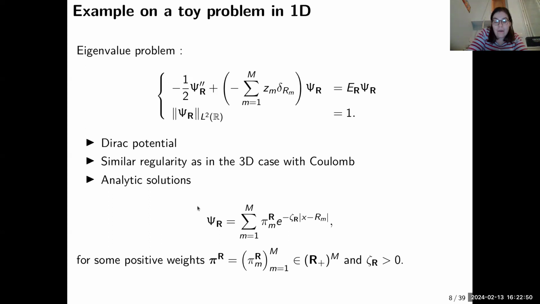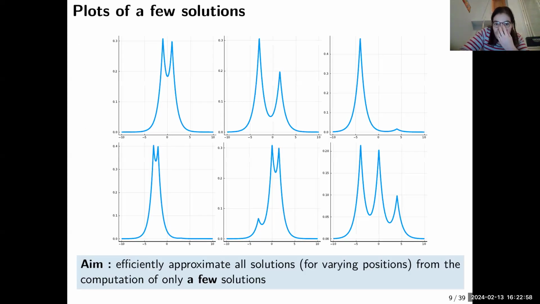And this was crucial in order to prove the theorems that we were able to prove on the techniques that we have developed. So just to give you some idea of what these functions look like, here are some plots of these wave functions for different values of the positions of the nuclei, and different values of the electric charges of these nuclei.